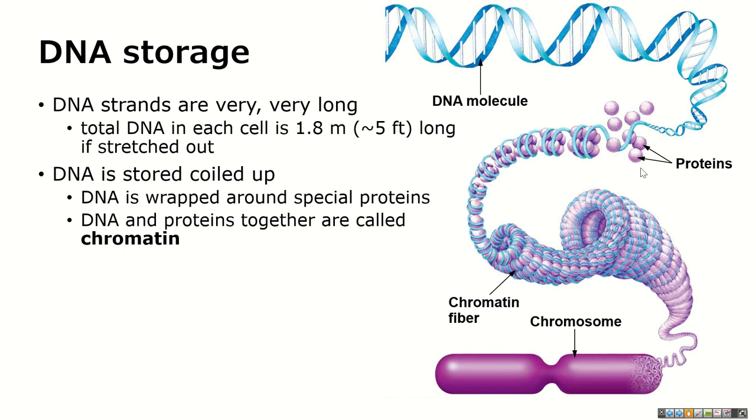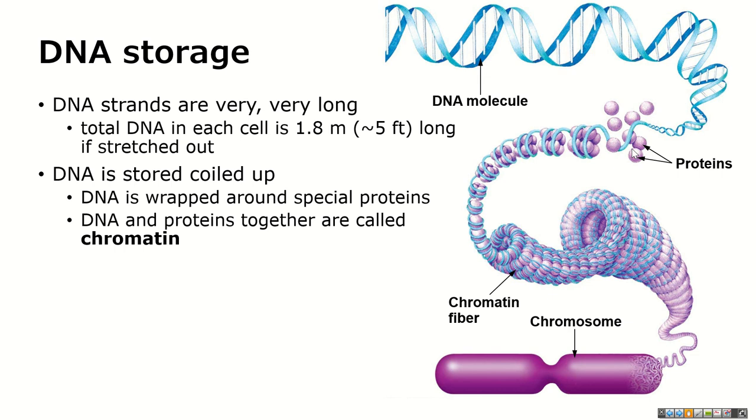So in order to do that, we have proteins. The instructions for making proteins is on the DNA, and then some of those proteins are used to wrap up the DNA to keep it organized so that it can be used to make more proteins. Isn't that wild? It's a little bit confusing, but just remember the DNA is the instructions, okay? So these specific proteins, there are little groups of them, and then the DNA strand wraps around that.